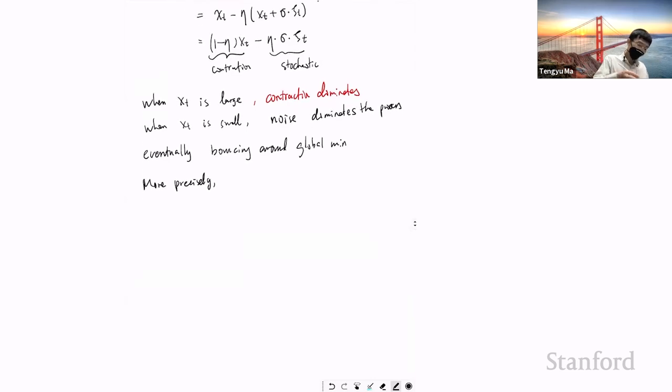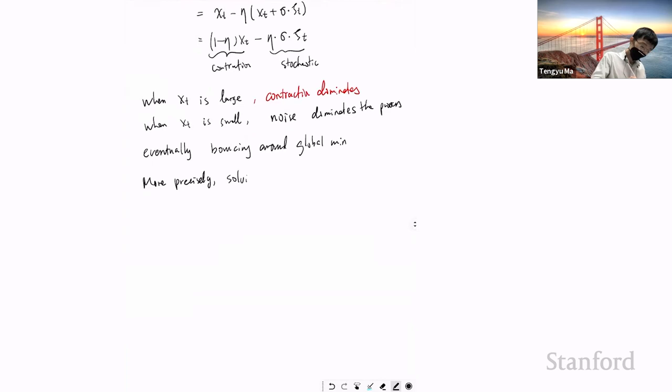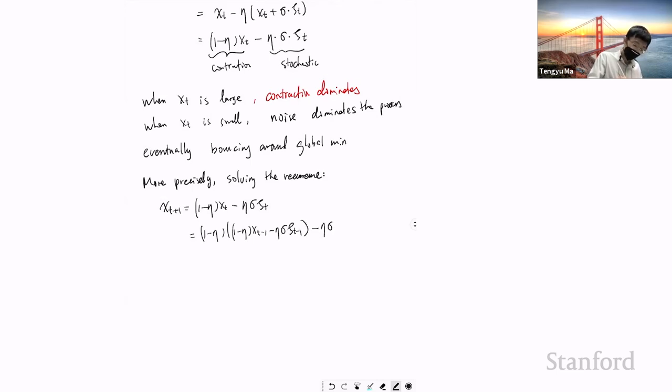So we can solve the recurrence. When you solve the recurrence, x_{t+1} is equal to 1 minus eta times xt minus eta sigma times cos ct. Then you plug in the definition of xt again, and get 1 minus eta times (1 minus eta times x_{t-1} minus eta sigma cos c_{t-1}) minus eta sigma cos ct.